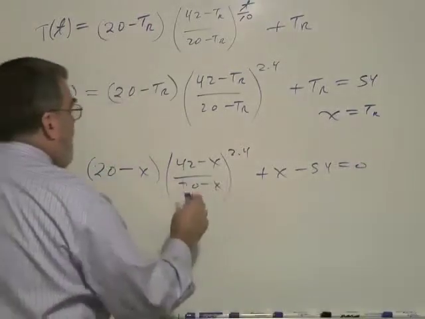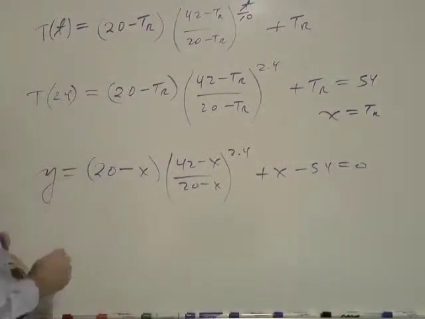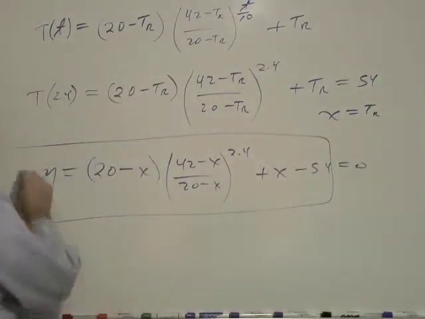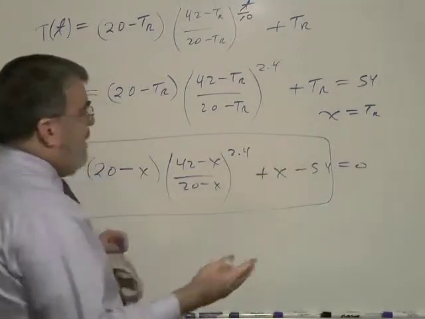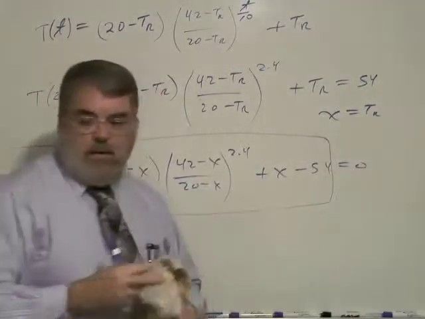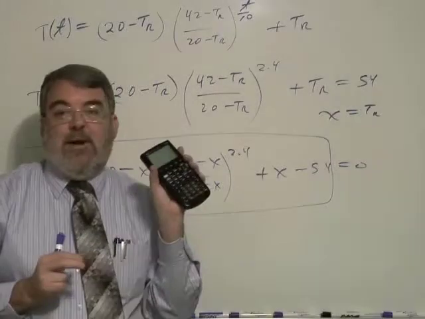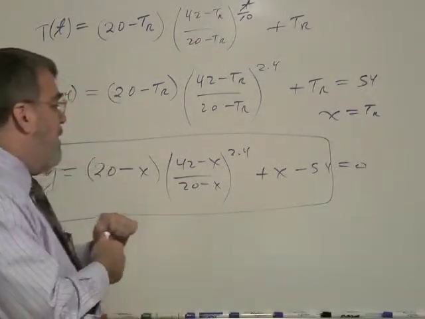I took this and plugged it into my calculator as if it were a function, y equal to this whole mess in terms of x. Then I want to know where it is equal to 0, so I graphed it and zoomed in, and I have an approximate answer.